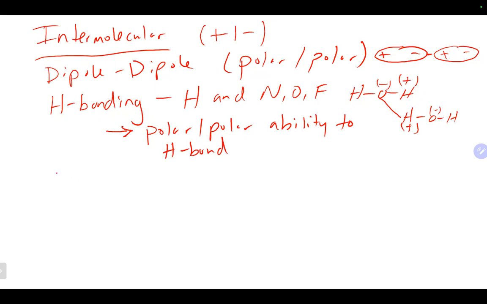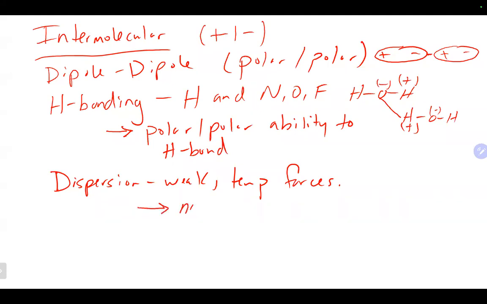Lastly, we talked about dispersion forces, which are the weakest out of all of them. These are weak, temporary forces. This is the main force for how nonpolar molecules interact with other nonpolar molecules. We talked about a couple of ways they could do this.